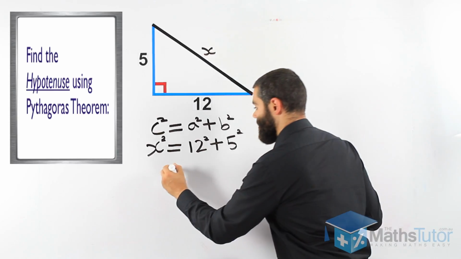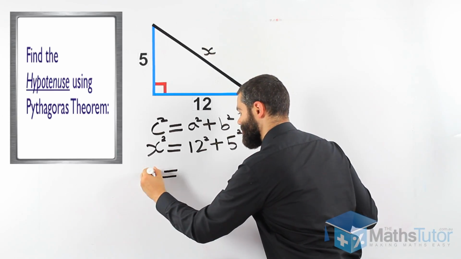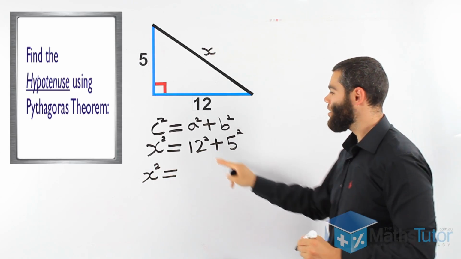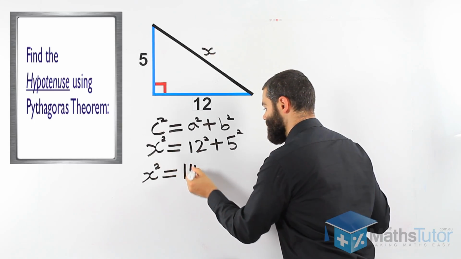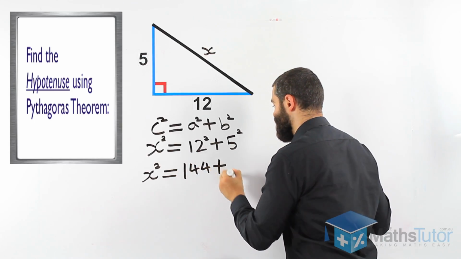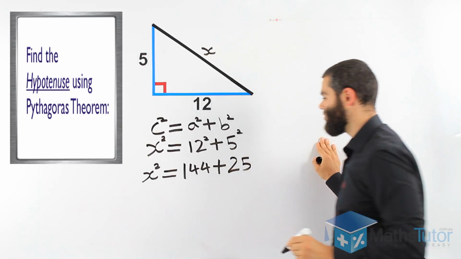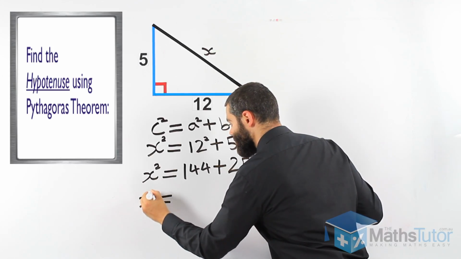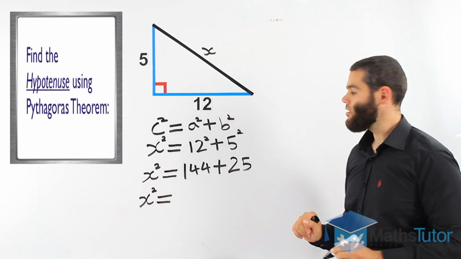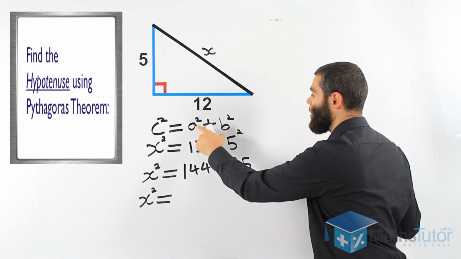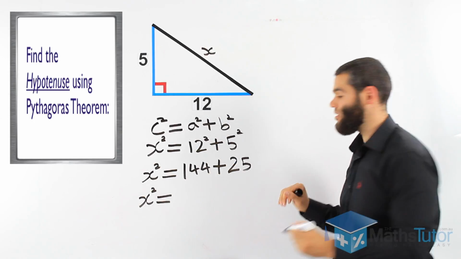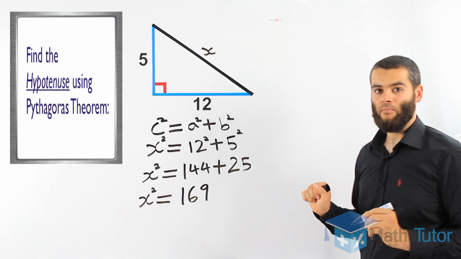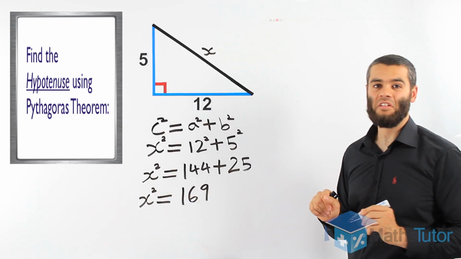Let's see how we can work it out. x squared equals 12 squared plus 5 squared. 12 squared is 144. And 5 squared is 25. Now we add them together. The hypotenuse squared equals the two short sides squared and added together. 144 plus 25 is 169. So x squared is 169.